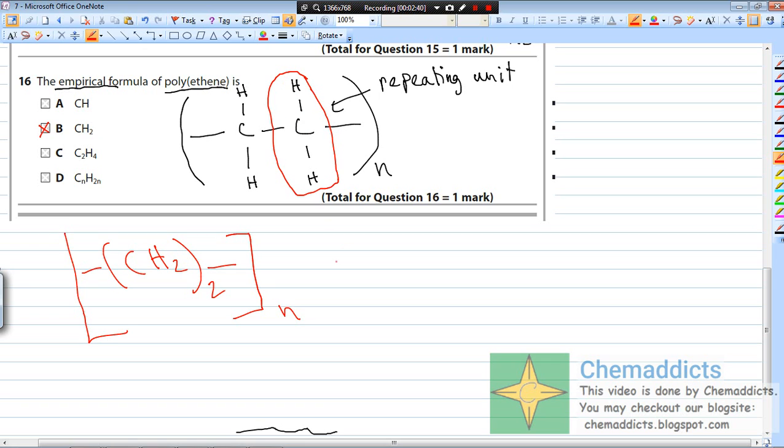Well, we may do it in another way. We may try this out in another way. Let us first write the repeating unit.